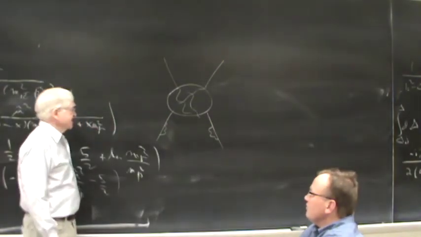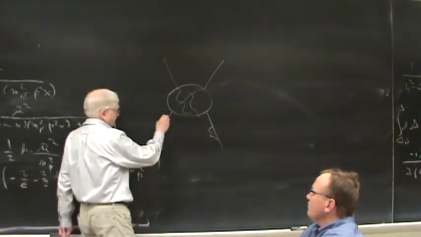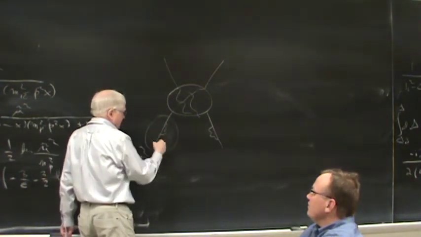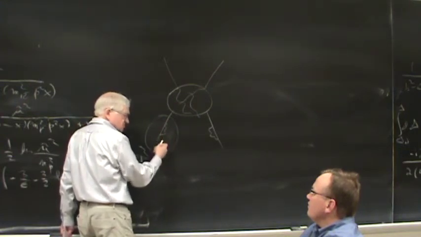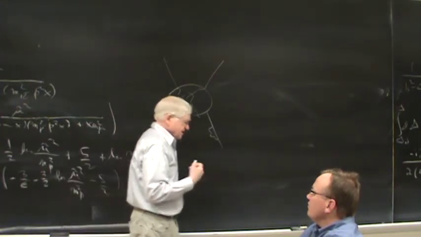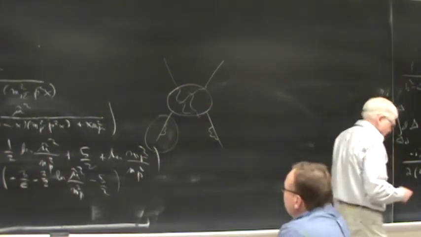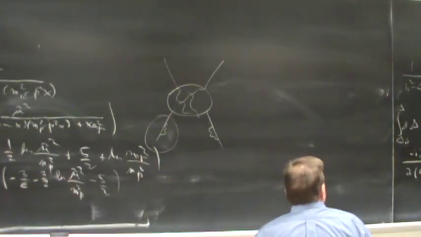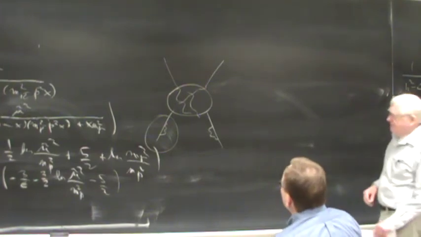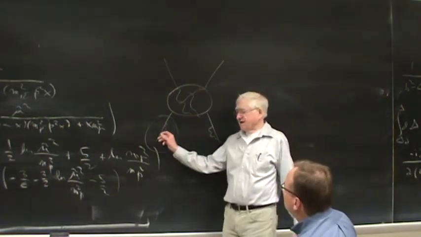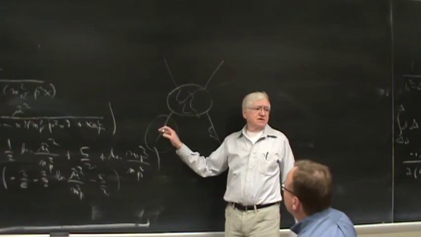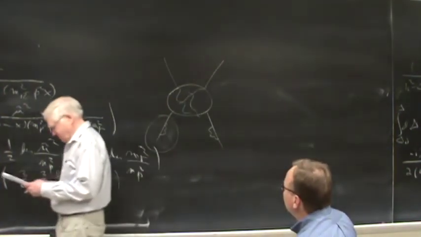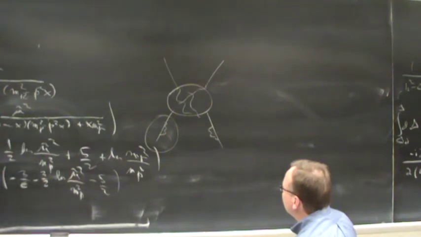The reason is that using the physical mass of the external particles is already a correction for all of the terms like this, and so we don't need to do that. We just use the physical mass for the ones that come in.